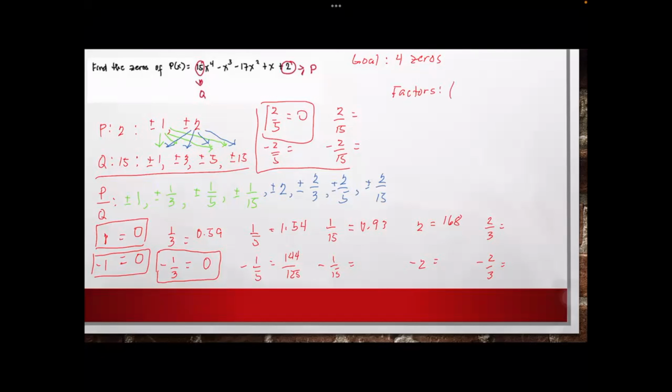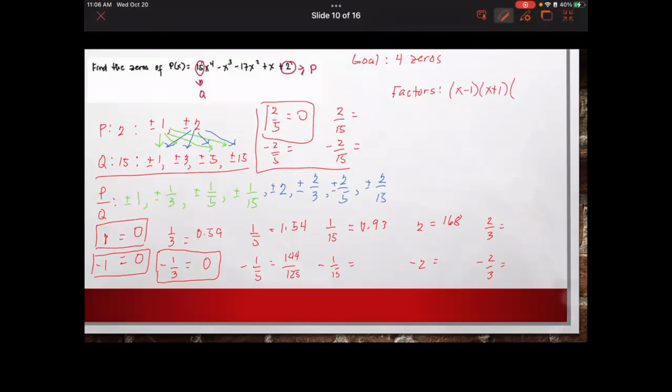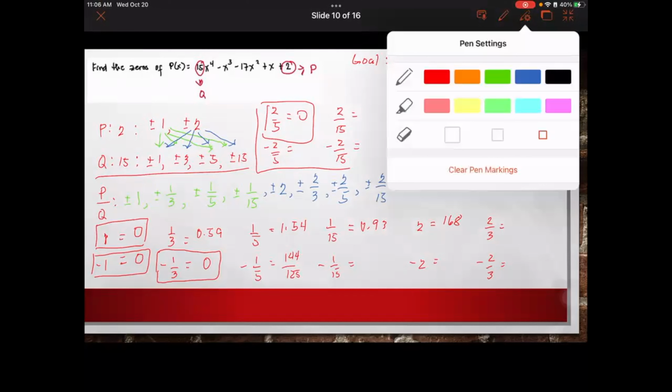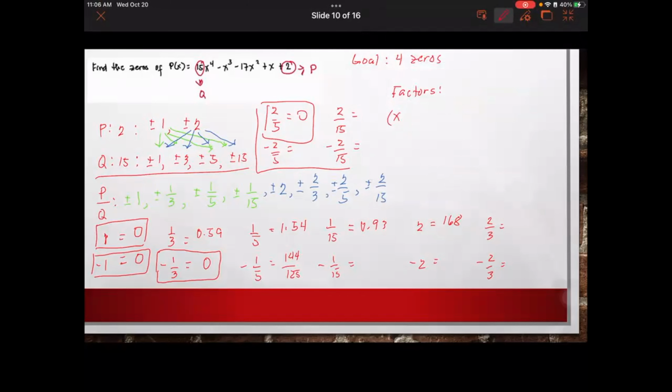So, therefore, the factors natin, meron tayong x minus 1, tapos x plus 1, tapos x plus 1/3, and x minus 2/5.